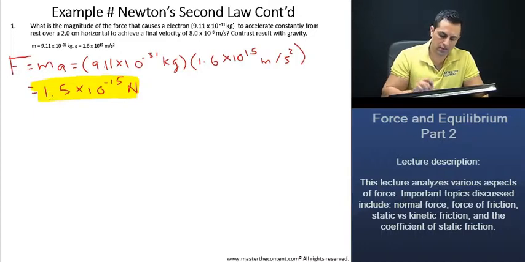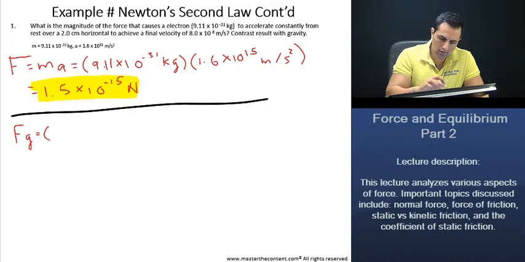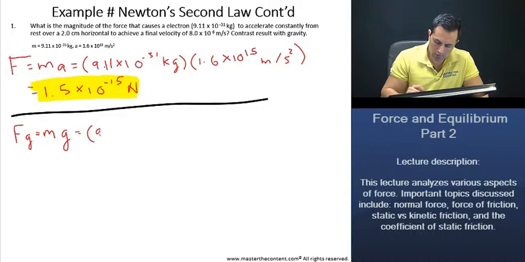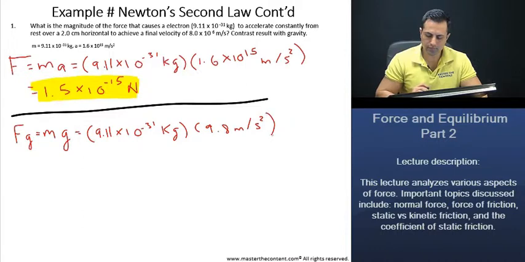Wonderful. Now, what do we need next? Next, we need to contrast this with the force of gravity. Let's take a look at what the force of gravity is going to be. It's just going to be mass times little g, recall? And mass is 9.11 times 10 to the power of negative 31 kilograms here, times little g, which is a constant of 9.8 meters per second squared.